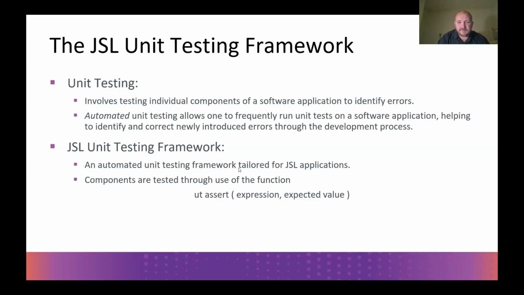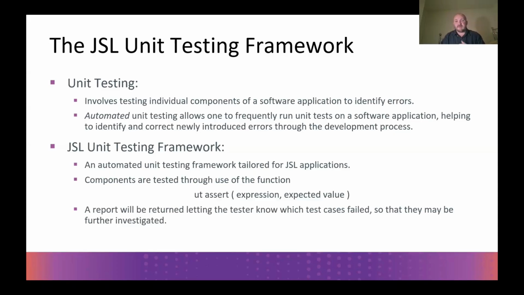So the user has what they believe is the correct output, and that's what it's called, the expected value. And they test that against the real output of their application. And if they match, that means that the test case passed. And if it doesn't match, that means the test case failed.